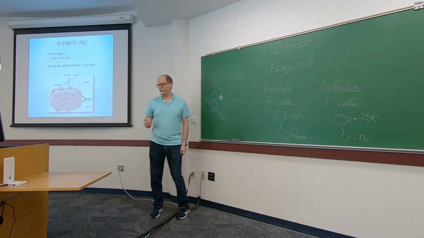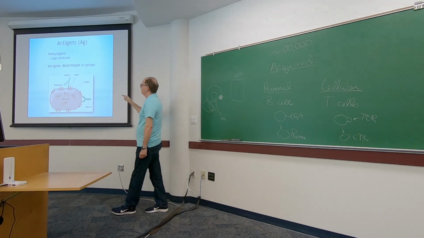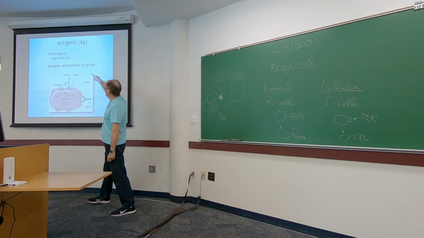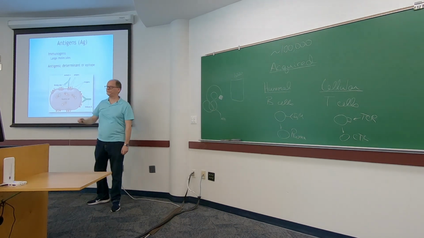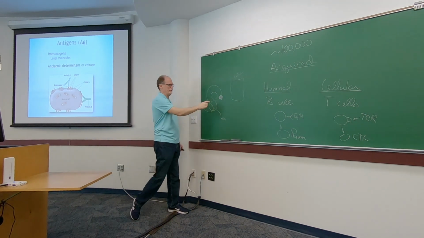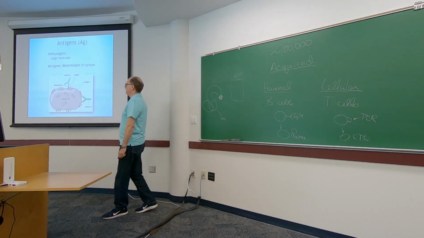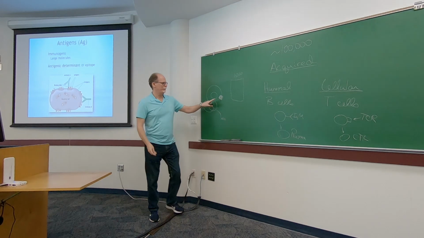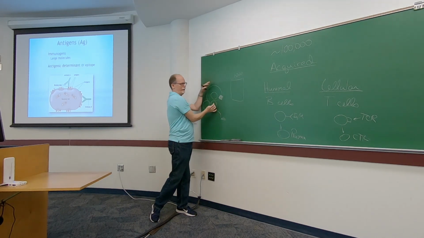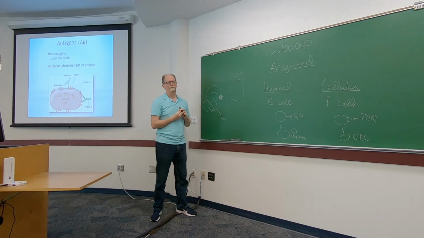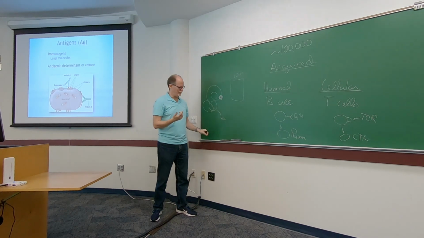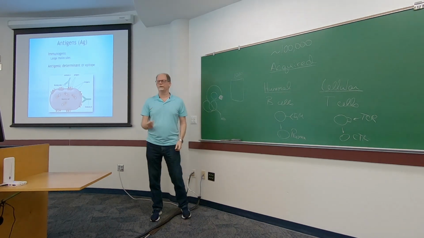The epitope is another word for it. It's the antigenic determinant, the very specific part. An immunogen means that the small piece has to be in the context of a bigger piece. That's just the way it works.